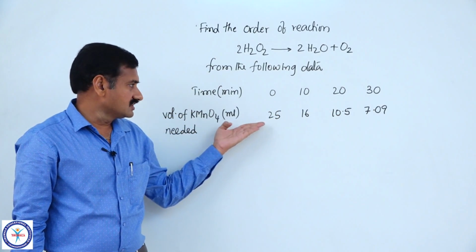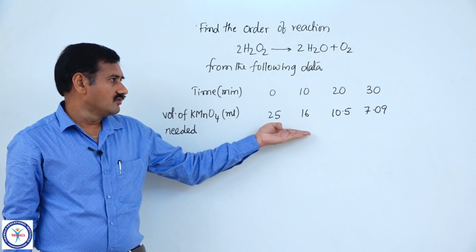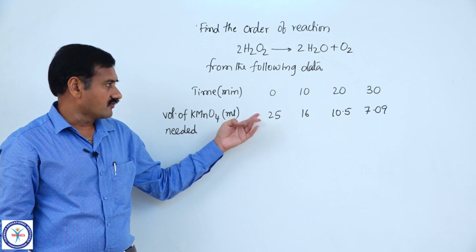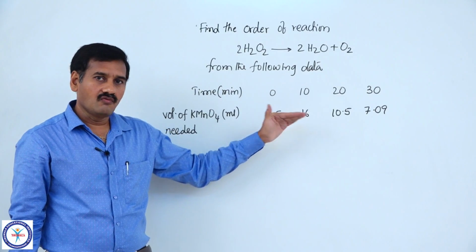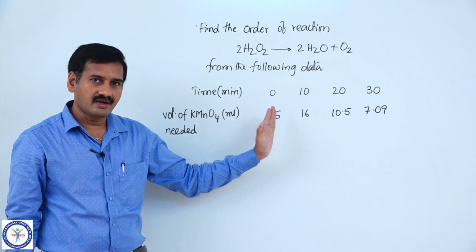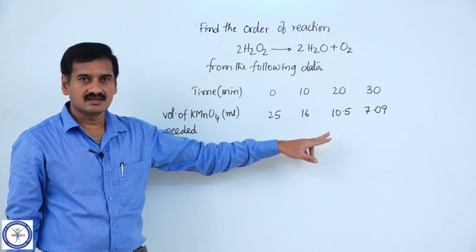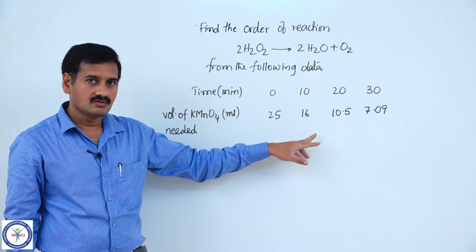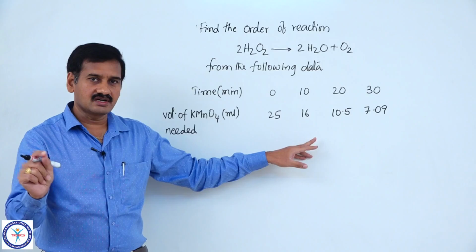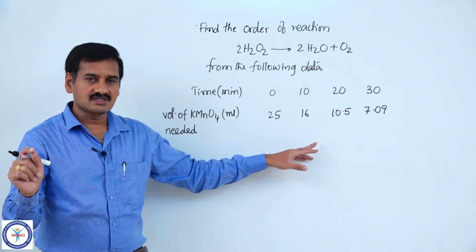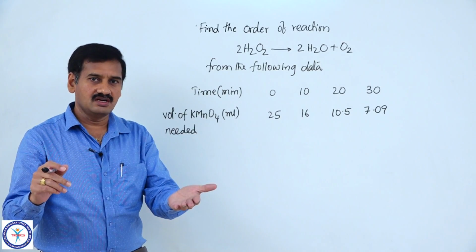When you observe this data, you can conclude that with the progress of the reaction, the volume of potassium permanganate required is decreasing. Why is it so? Because from 0 minute to 10 minute, some amount of hydrogen peroxide is dissociated.